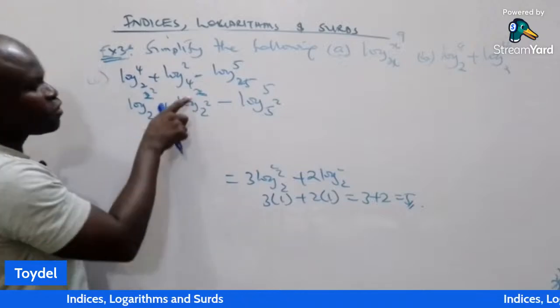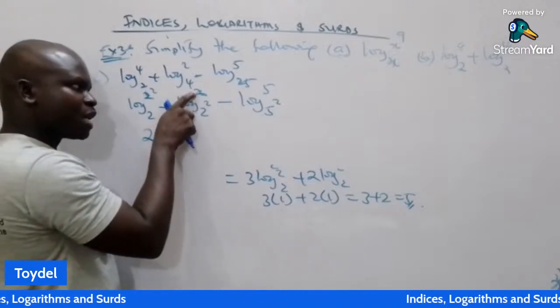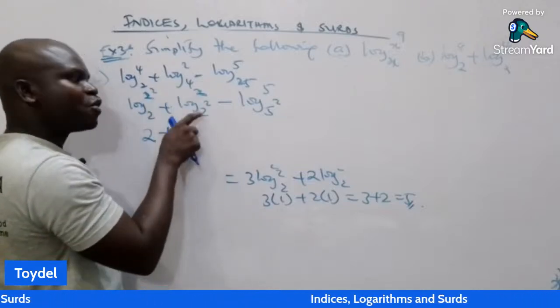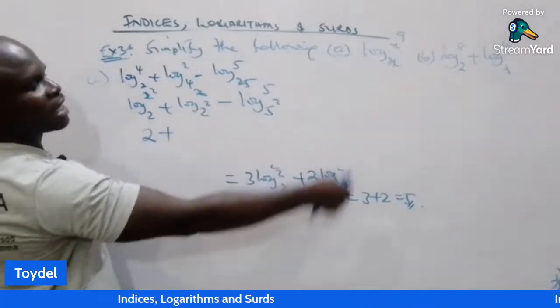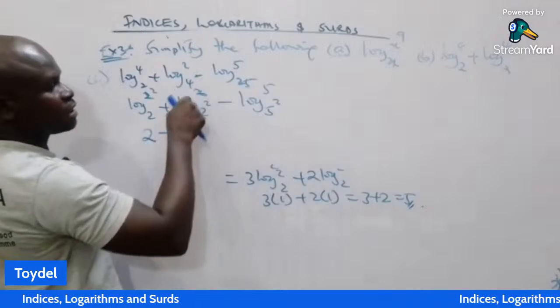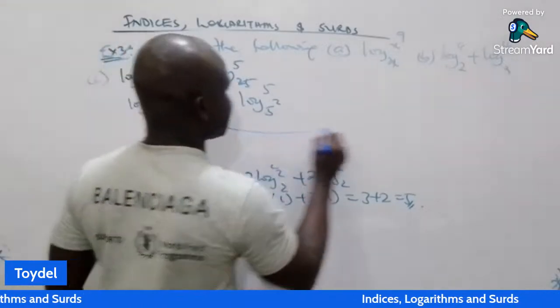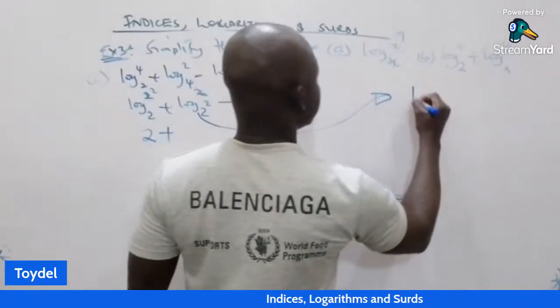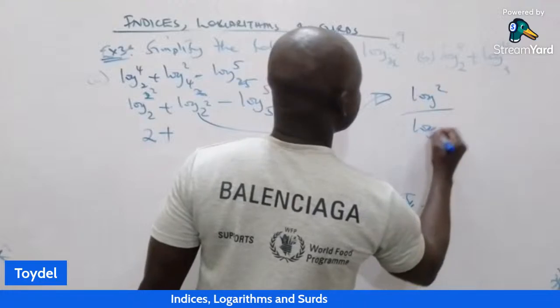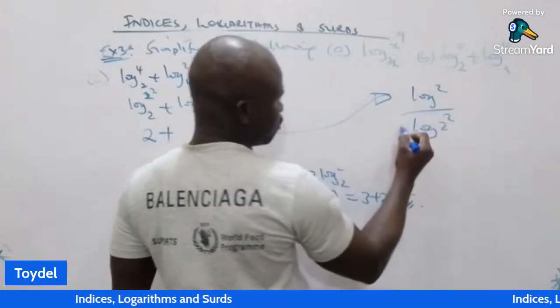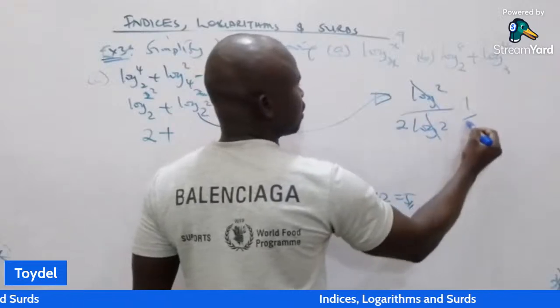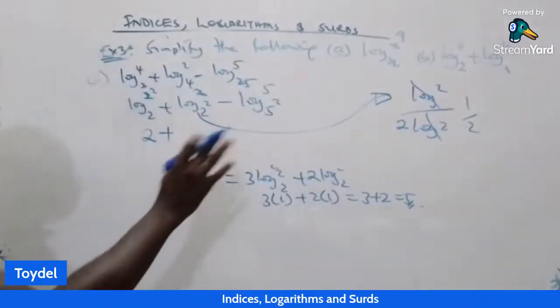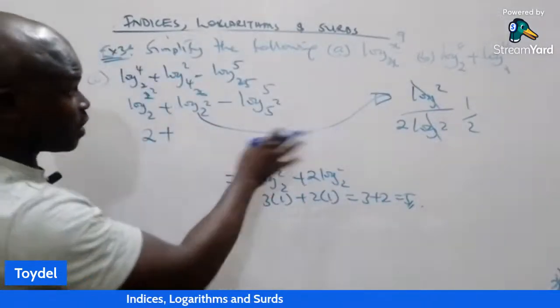Plus, in this case now, you have log 2 here, but at the denominator you have 2 raised to power 2. The other time I talked about change of base. What I have here can actually be split to be log 2 divided by log 2 base 2, so this 2 can come down. We have 2 here, then there won't be 2 here again. This will take care of this, and then I'll have 1 over 2. So instead of going through all this stress, if you have a multiple choice question, you don't have time.